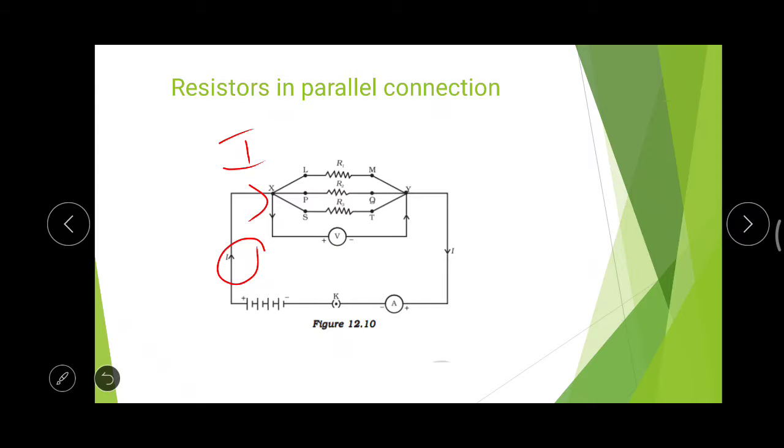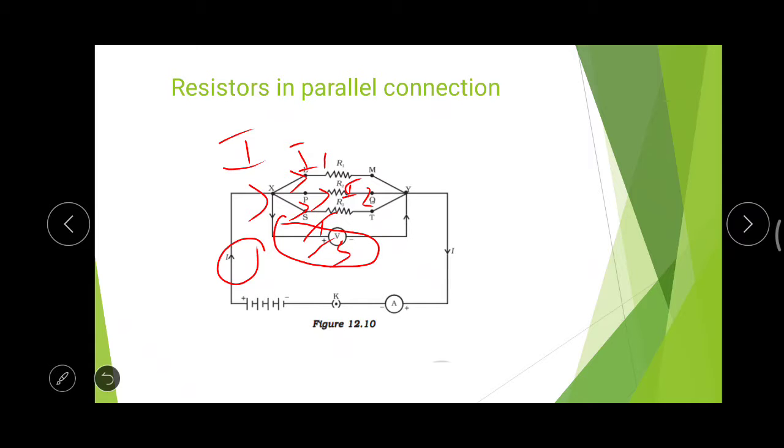If a voltmeter were connected, it would split into 4, but we are not considering the voltmeter now. Just consider the 3 resistors. The current will be split into 3: through R1 it is I1, R2 it is I2, and R3 it is I3.